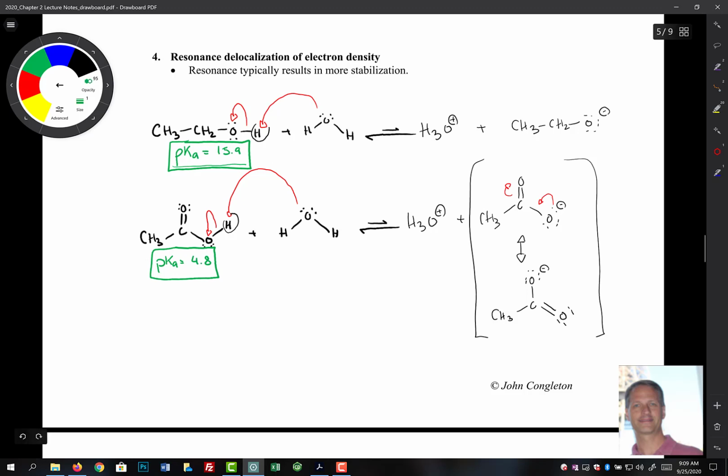And that can be seen when we look at the pKa's, right? We're going essentially from 16 down to 5. So quite a bit more acidic simply because of resonance. And note also that oxygen has a negative charge in both of these structures. So the only thing that's changing is the electron delocalization, or where we're putting our electron density.